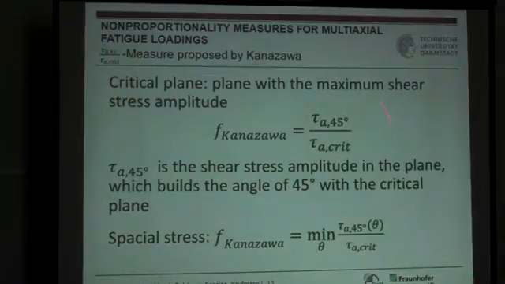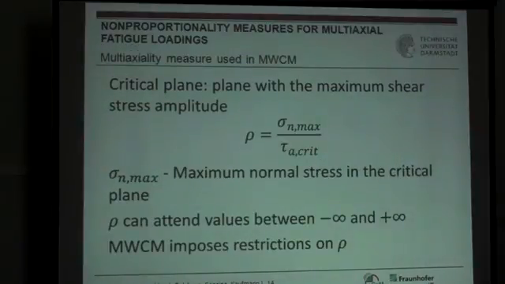Okay, that works of course for plane stress conditions only. For general stresses, we can minimize, for instance, over all planes which have an inclination of 45 degrees to the critical plane.